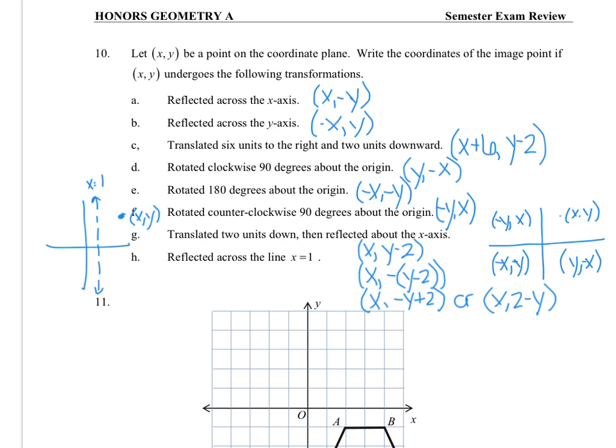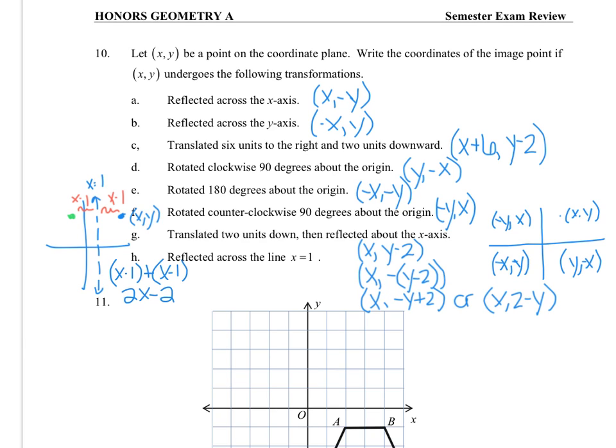So this distance right here is going to be x minus 1. If we reflect it, we have some point over here, and it's also going to be traveling a distance of x minus 1. Because it wouldn't be a reflection unless this distance was the same as this distance. Therefore, this point's going to be traveling a total distance of x minus 1 plus x minus 1, meaning a distance of 2x minus 2.